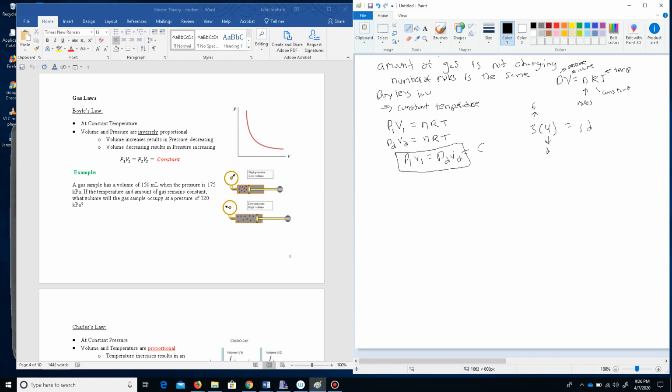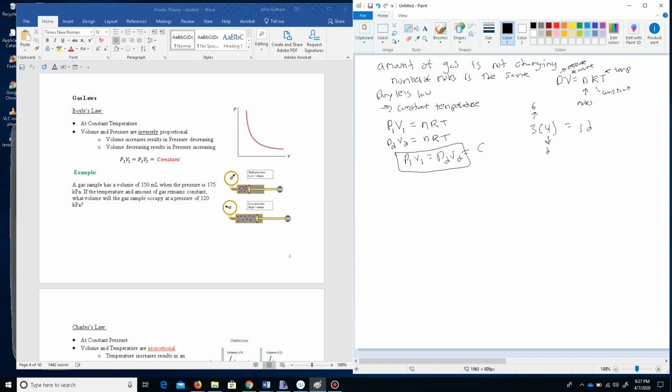If you expand that volume, it reduces the pressure inside because now they have more room, they can move around more, they're not as claustrophobic. This is assuming you do this with the temperature not changing.